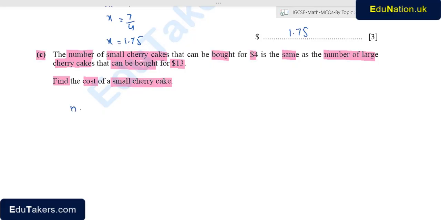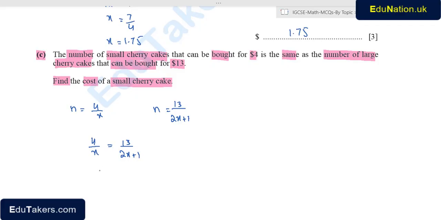The number of small cherry cakes, each costing x dollars, is 4 over x, and the number of large cakes is 13 over 2x plus 1. Now the number of cakes is the same. So 4 over x equals 13 over 2x plus 1.